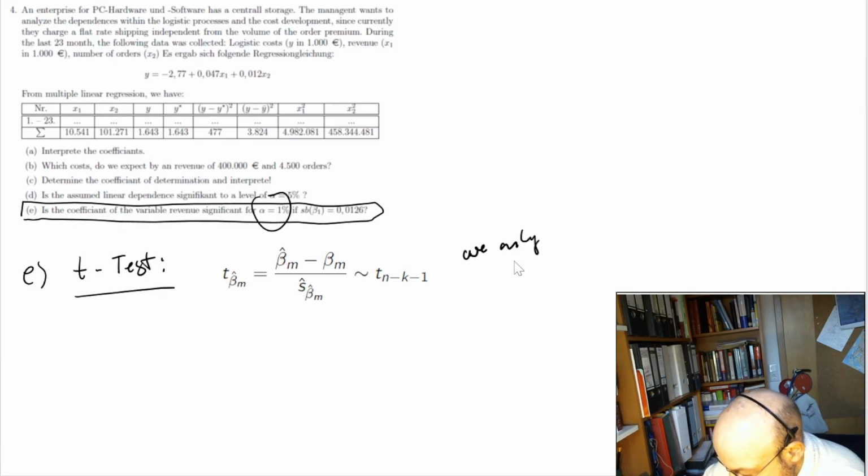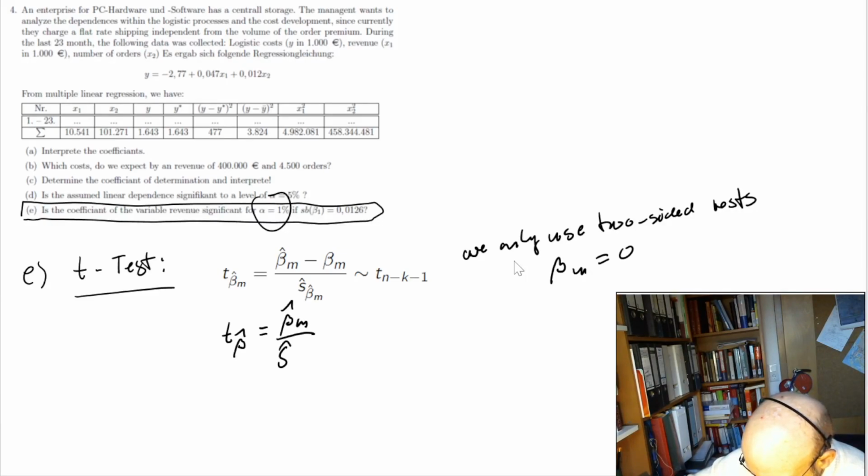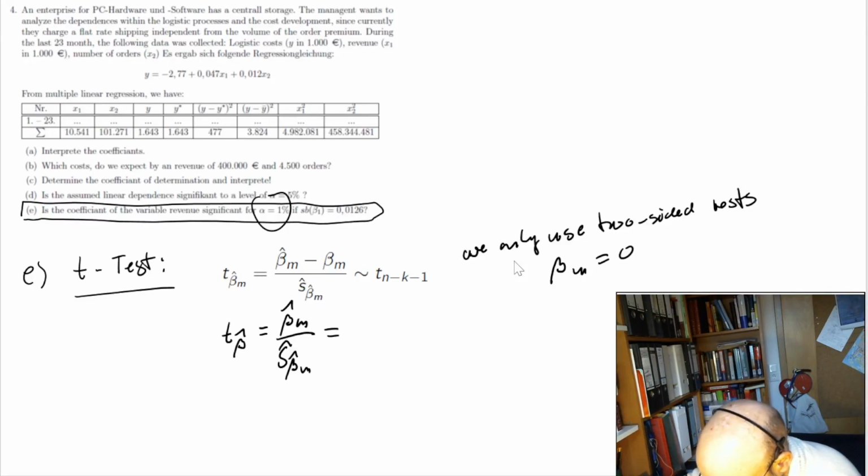We only use two-sided tests. So in our case, beta m will always be 0. So our t beta hat will always be beta m hat over the standard error of our regression parameter, and we should do it for beta 1.